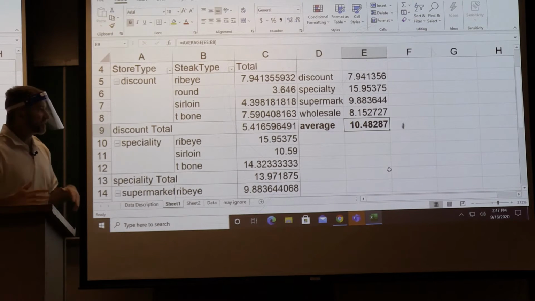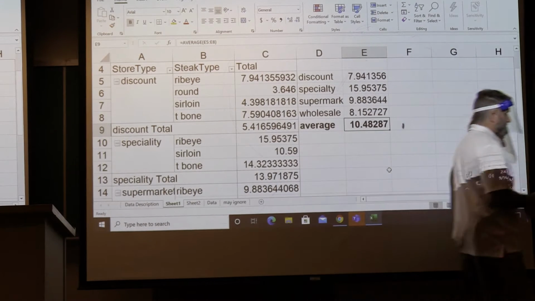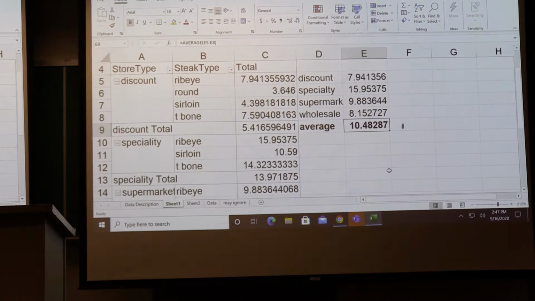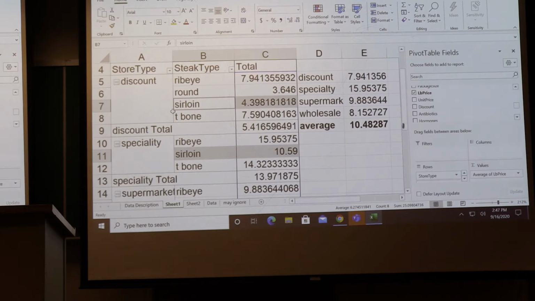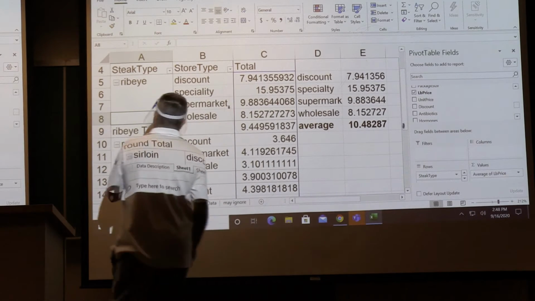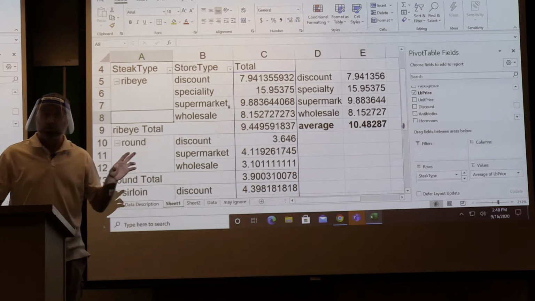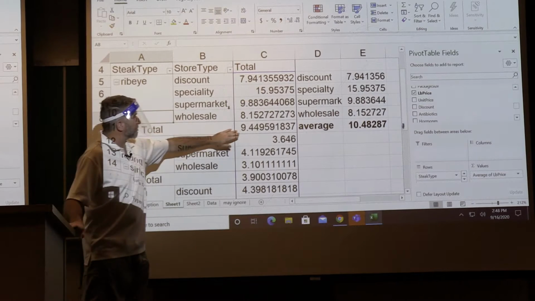And so to make sure you get the right number, you'll want to reorganize it to look like this, such that now, if you want the average price of the ribeye across all the stores, you do it like this, so it just says ribeye total, and it's across all the stores right there.